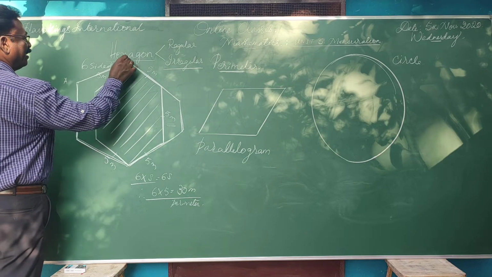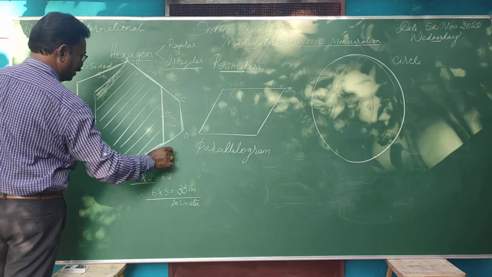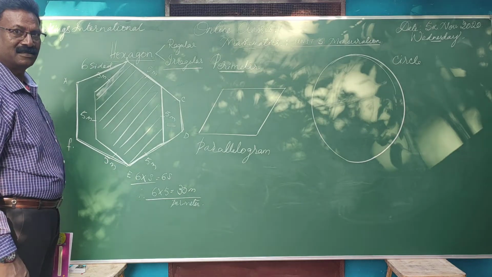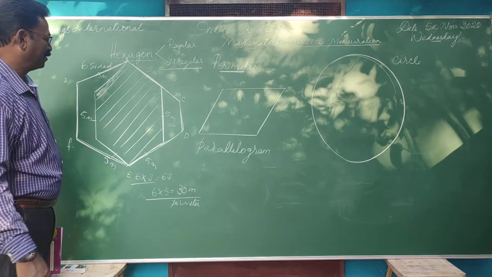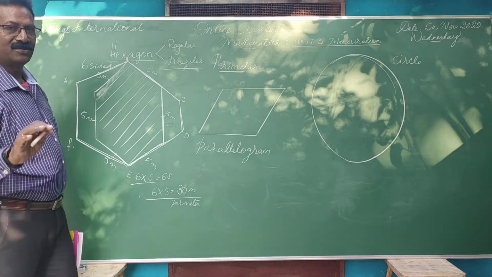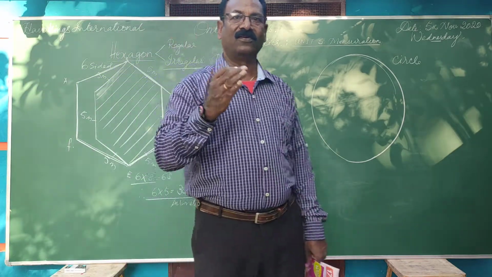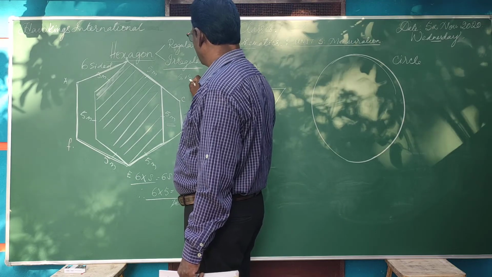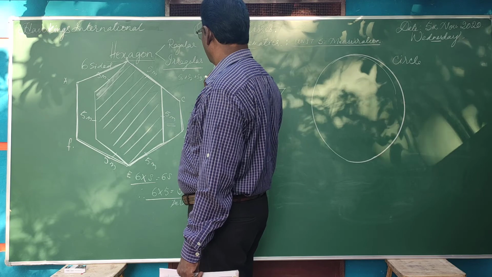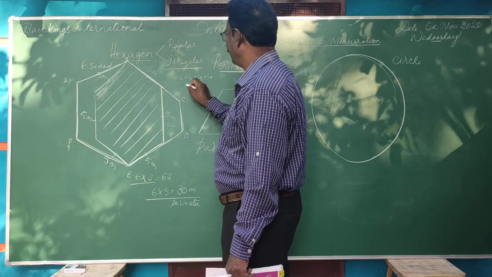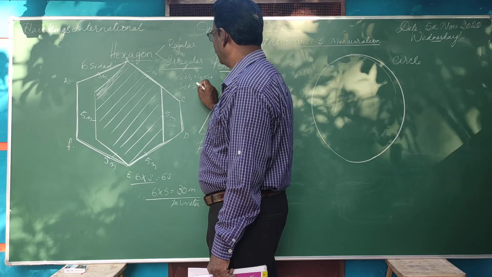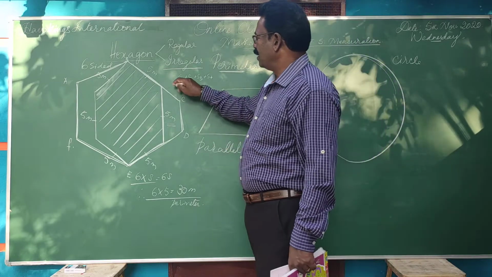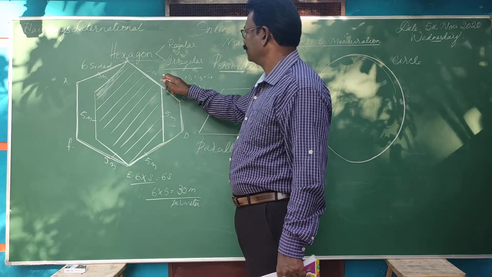For example, you can say A, B, C, D, E, and F. So 6 letters bounding 6 sides. So what we should do, there is no other way. We have to add all the 6 sides: side 1, side 2, side 3, side 4, side 5, and side 6. That's all. When you add all these one by one, you will get the perimeter.